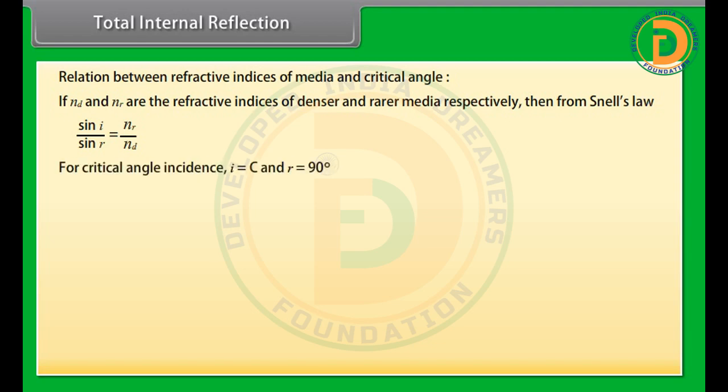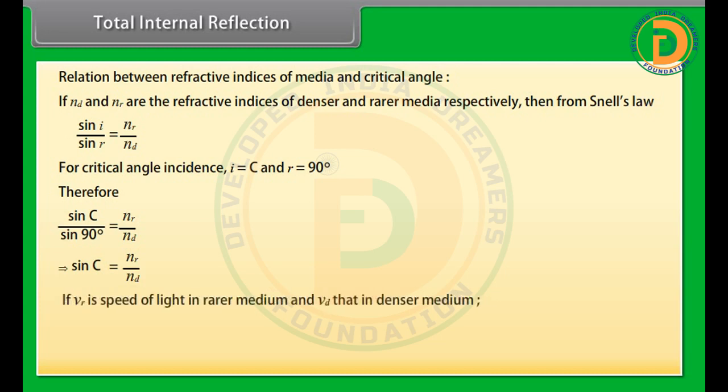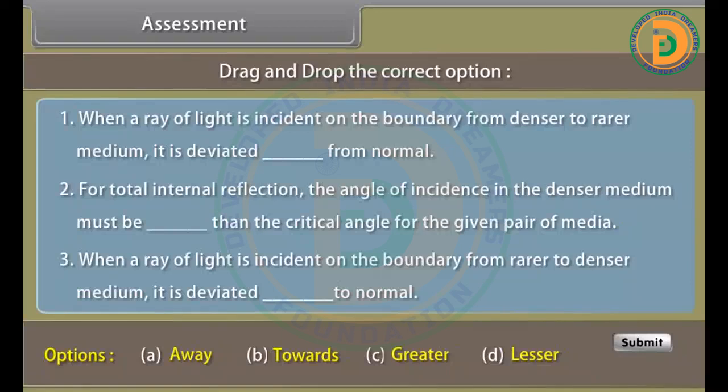For critical angle incidence, i is equal to C and r is equal to 90 degrees. Therefore, sin C by sin 90 degrees is equal to nR by nD. It implies sin C is equal to nR by nD. If vR is the speed of light in rarer medium and vD that in denser medium, then sin C is equal to vD by vR.